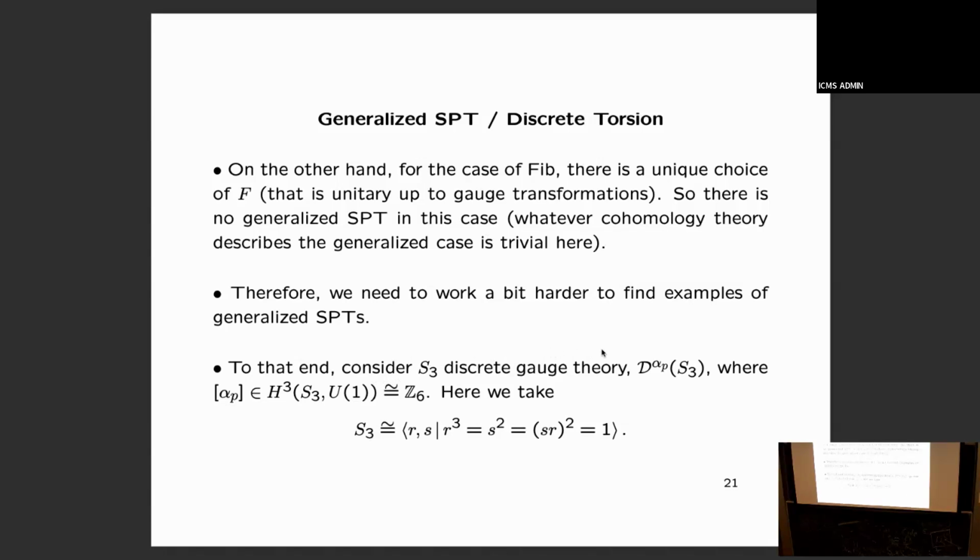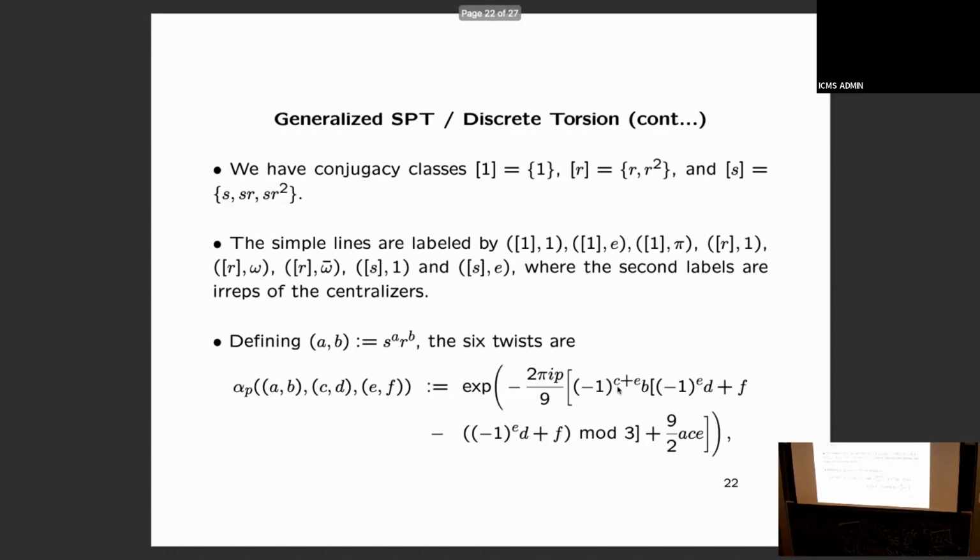The basic idea is to take S3 discrete gauge theory, which you can think of here as a slab experiment, and you can have different twists. There are 6 possible twists because H3(S3, U(1)) has 6 different elements. I'll just give you the upshot.